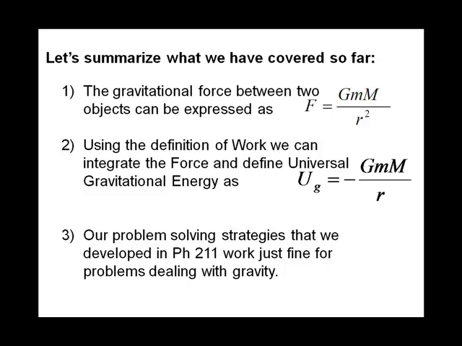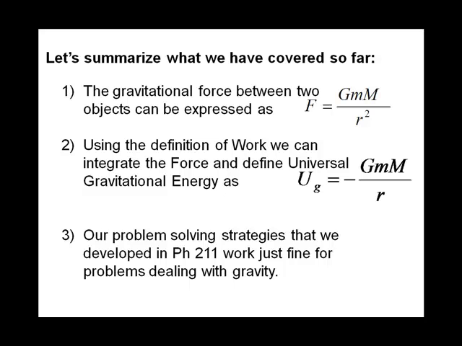Don't spend time trying to memorize those. As you're going through homework, always try to start from the one equation, F equals GMm over r squared. And often you're going to integrate that to find the universal gravitational potential energy, and those are the two things you're going to use to solve everything.